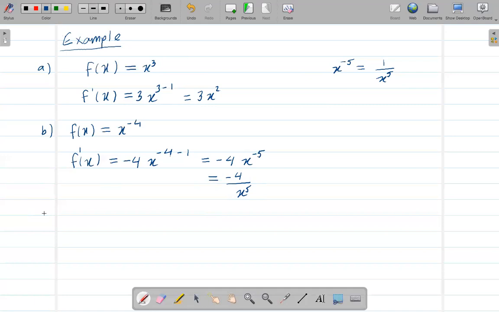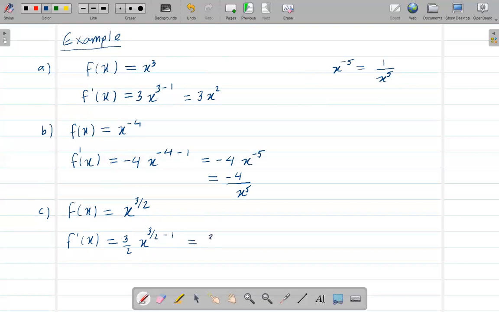Now this third problem, let's say f of x is equal to x to the power 3 over 2. Again, I can say f prime of x is equal to, now I have this fraction on the top, so I can bring this whole fraction down here, 3 over 2, x to the power 3 over 2 minus 1.